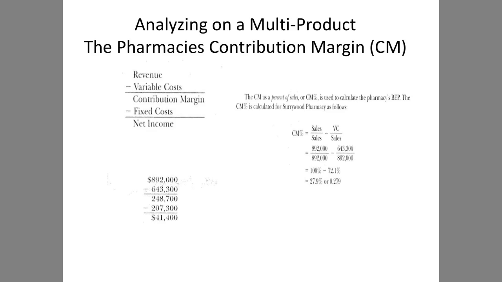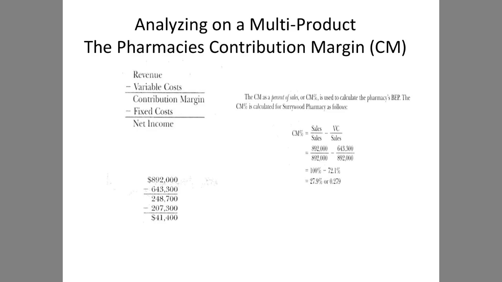It is calculated in this example: if you take your revenue minus your variable costs, which in a pharmacy is often your cost of goods sold, there is your contribution margin. Then, as I showed you in that P&L earlier, you take your operating expenses, which is usually your fixed cost, and you then have your net income.